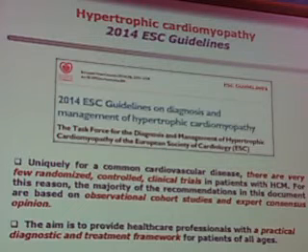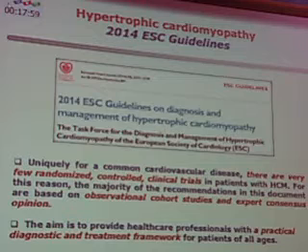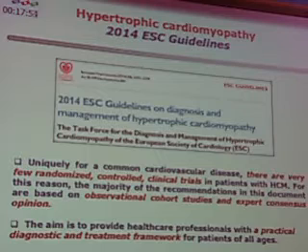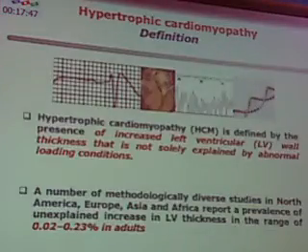Through these guidelines, the aim is to provide to the healthcare professionals a well-organized, practical, diagnostic, and treatment framework for all the patients of all ages. Let's start from the basics.